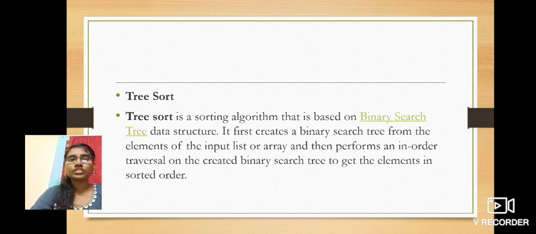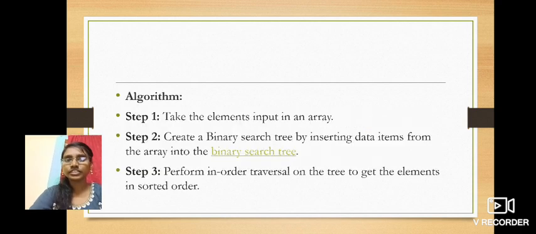Tree sort. Tree sort is a sort algorithm that is based on the binary search tree data structure. It first creates a binary search tree from the elements of the input list or array, then performs an in-order traversal on the created binary search tree to get the elements in sorted order.